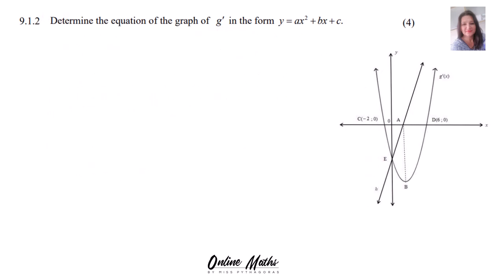Question 2. Determine the equation of the graph of g's derivative in the form y equals ax squared plus bx plus c. Now they are testing us on our grade 11 work, where we have to find the equation of a parabola. So there's an equation, y equals a(x minus root 1)(x minus root 2).